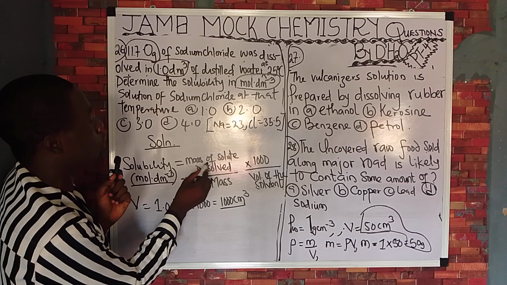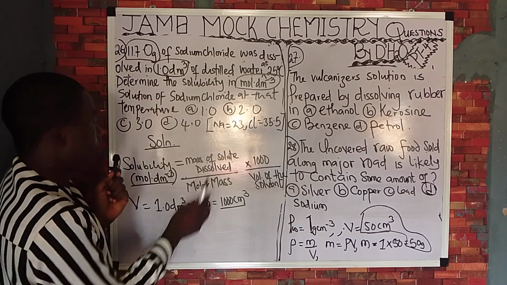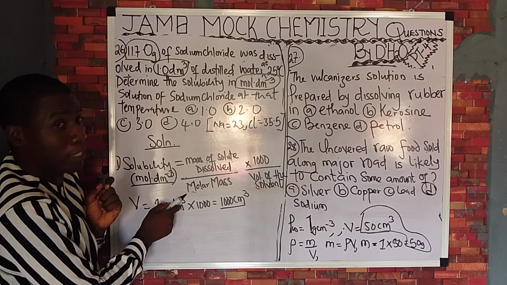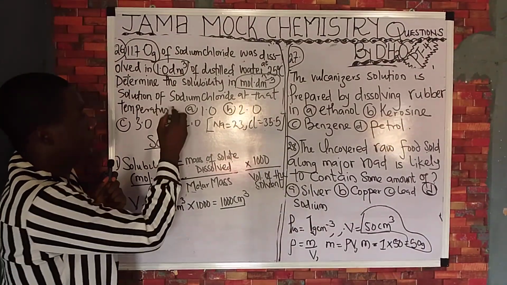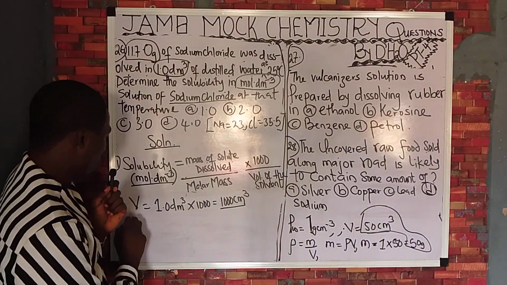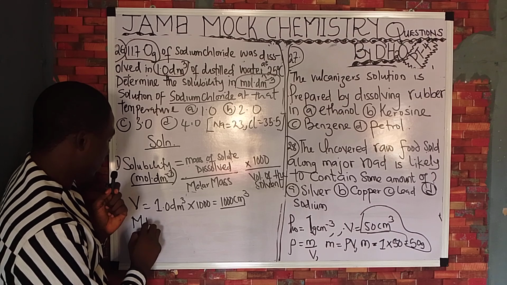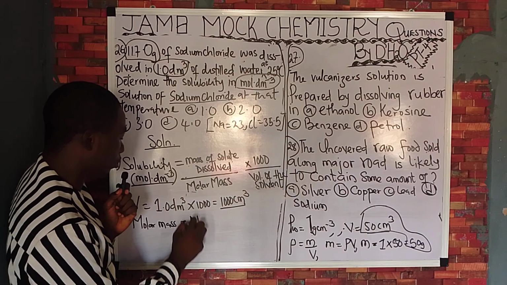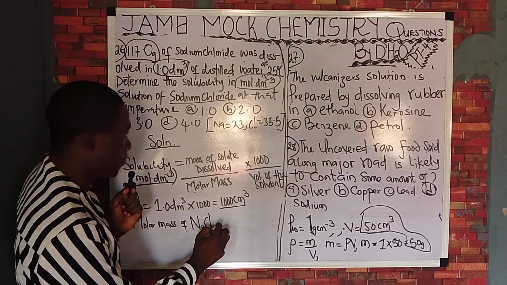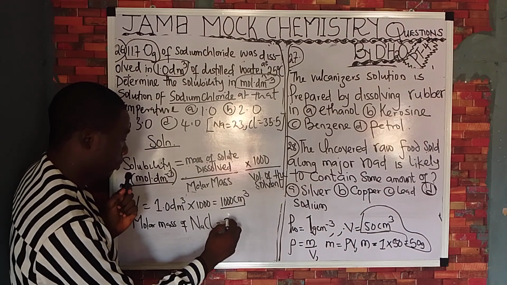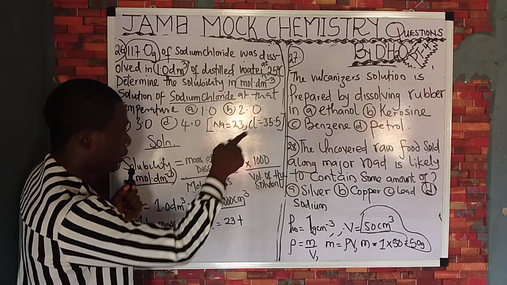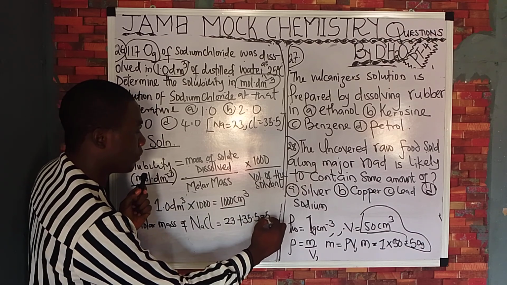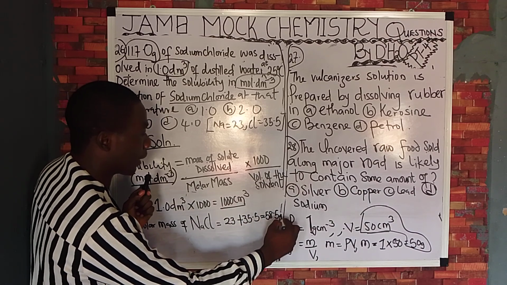We already have the mass of the solute that dissolves and we have our volume. What we need now is the molar mass. So let's calculate the molar mass of sodium chloride. Molar mass of sodium chloride will be equal to, remember, sodium is 23 plus chlorine is 35.5, and that will give us 58.5 grams.